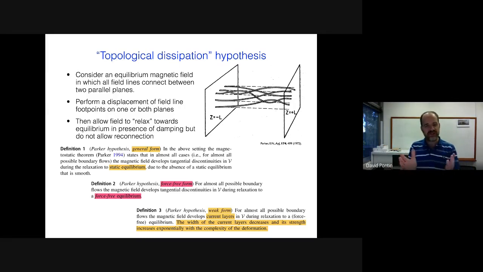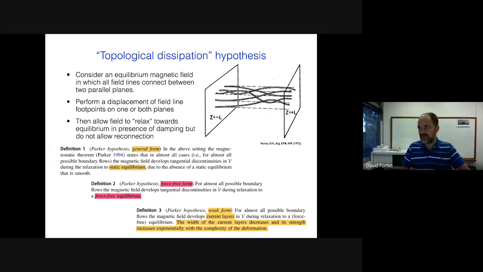It says that in the above setting, in almost all cases, so for almost all possible boundary flows or boundary deformations, as the field relaxes towards a static equilibrium, the magnetic field will develop tangential discontinuities due to the absence of a smooth static equilibrium. So this is the general form. This corresponds to a static equilibrium where pressure forces can balance J cross B.